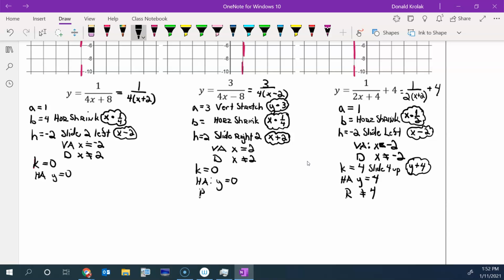Almost done. So that's everything you need to know. That's describing everything that's happening to that figure.